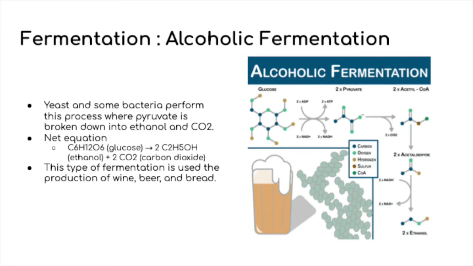Ethanol fermentation is used in the production of beer, wine, and bread. It's worth noting that fermentation in the presence of high levels of pectin results in the production of a small amount of methanol, which is toxic when consumed.